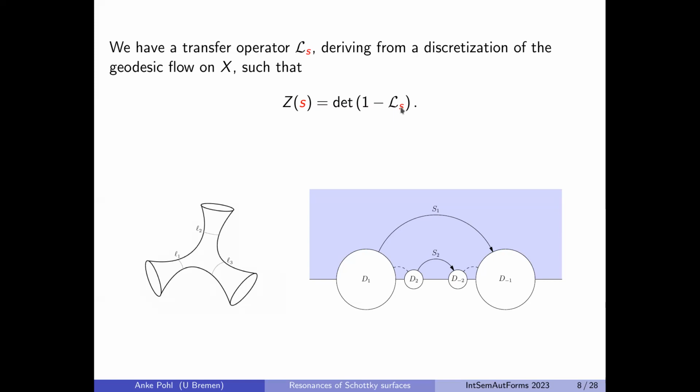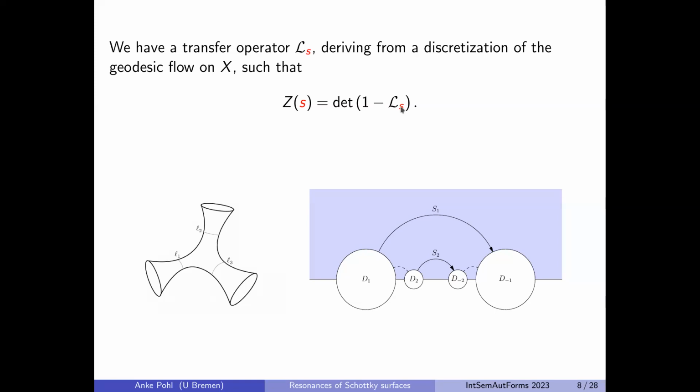When we would have in this situation a cofinite, so a finite area hyperbolic surface, I could honestly say that the one-eigenfunctions of the transfer operator, if they are of sufficient regularity, are in bijection with Maass forms or other automorphic functions. For infinite area Schottky surfaces, we have not proven that yet. We have proven this for Hecke triangle surfaces of infinite area, so very similar surfaces, but they do have a cusp.